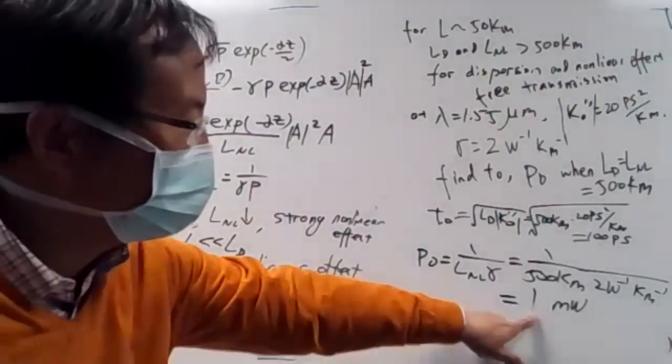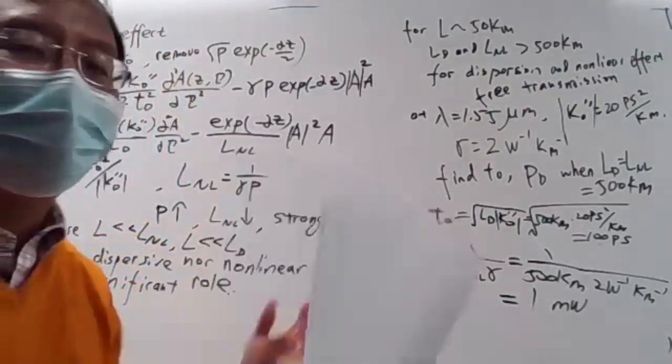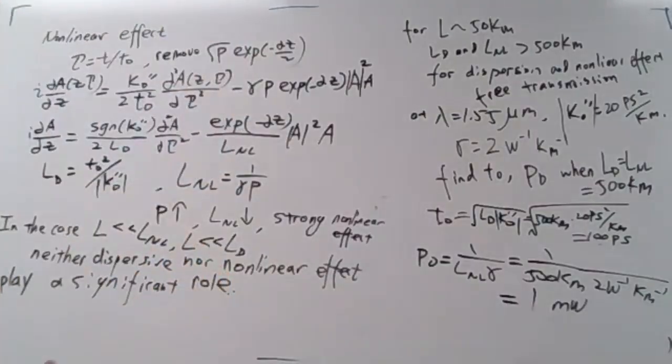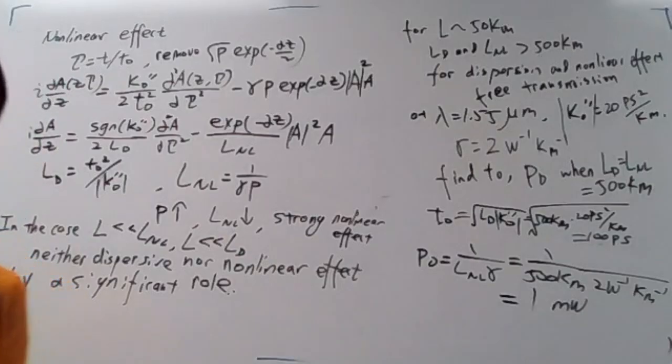So P is determined by 1 milliwatt. So this T and the P will play an important role in determining nonlinear length and dispersion length, right? We will elaborate more on the comparison between nonlinear effect and dispersion effect in the next class.